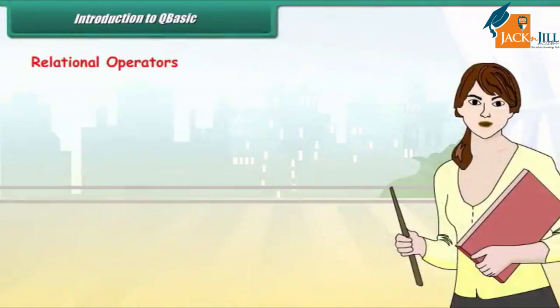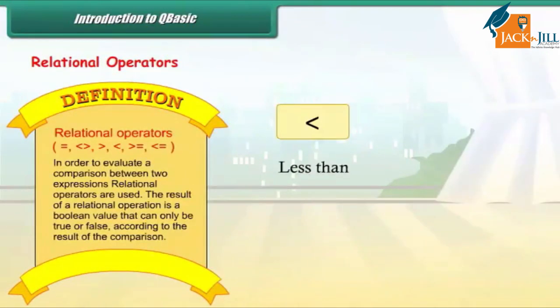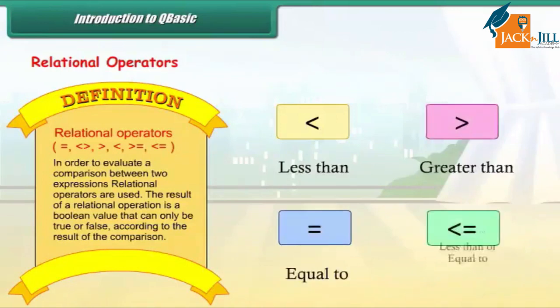Relational operators. In order to evaluate a comparison between two expressions, relational operators are used. The result of a relational operation is a Boolean value that can only be true or false according to the result of the comparison.